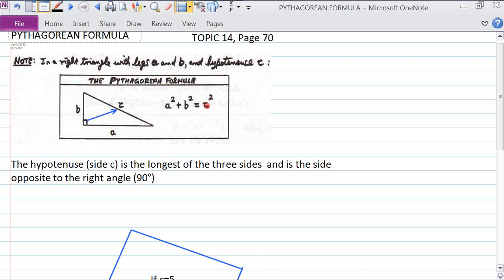C, let me repeat that, is the longest side. So you only need to identify the longest side, and we put this little notation here, which means 90 degrees.